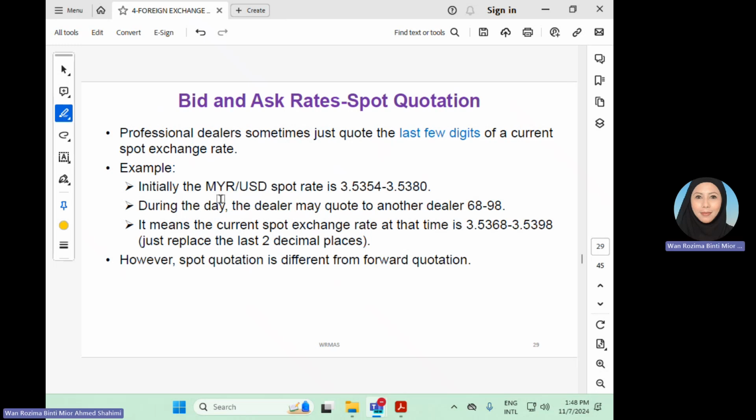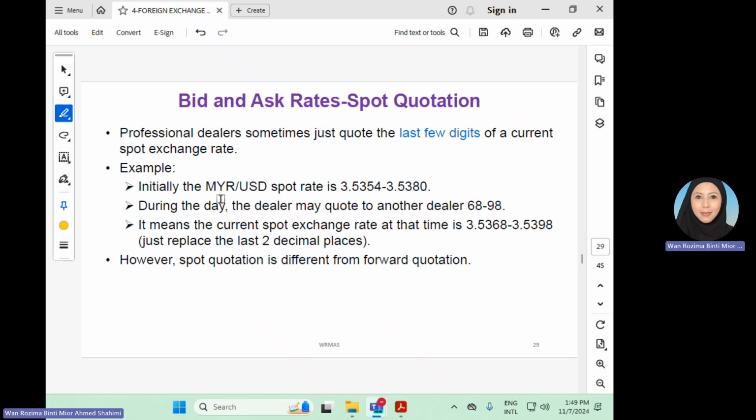You replace the bid 54 with 68, and you replace the ask 80 with 98. So it becomes 3.5368-3.5398. This is the new bid price and the new ask price.